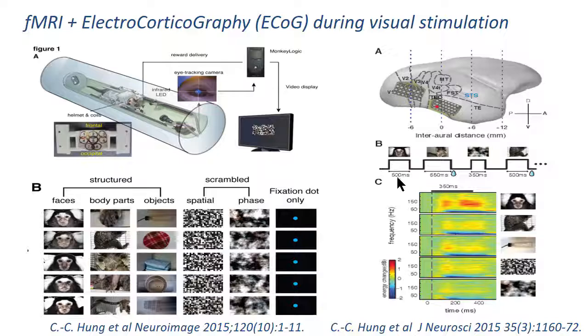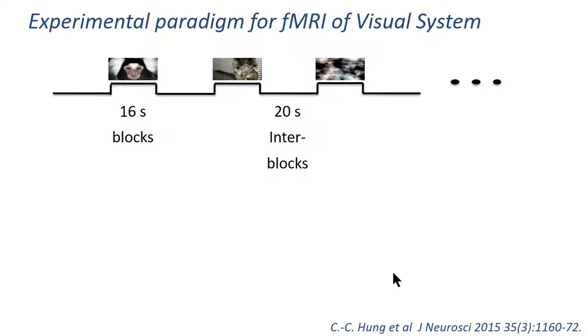And we did a block design paradigm where each block would have stimuli of one of the different categories. And together with the fMRI, we would have ECoG arrays implanted in their temporal lobe to verify the presence of these areas that have preference for faces.